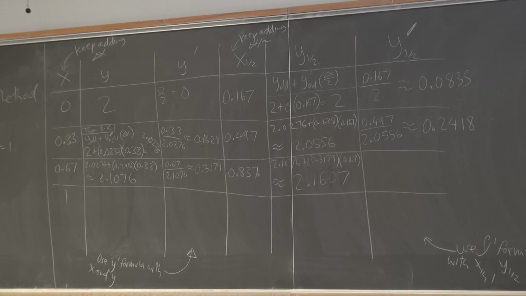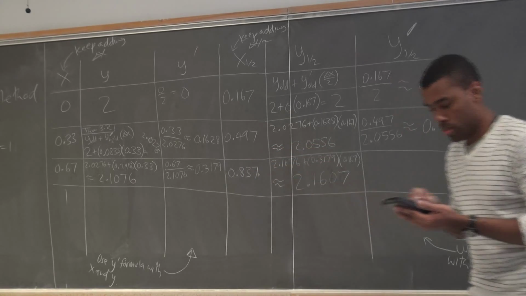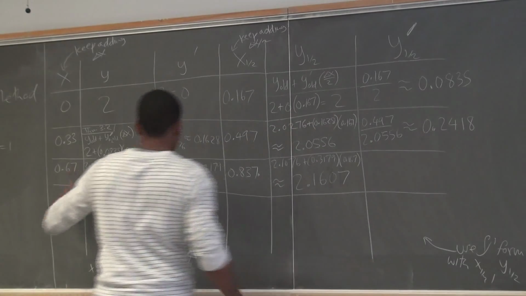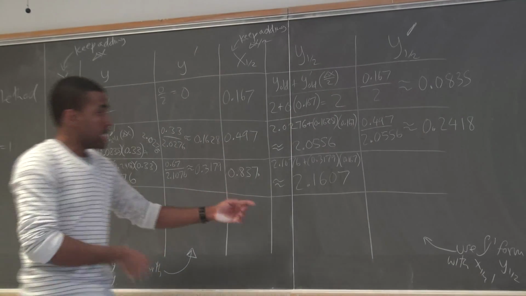Or is it because we rounded that one? Yeah, we rounded that one. Because this one was rounded, so okay. Yeah, we rounded this, so it's off by a bit here, but that's fine.